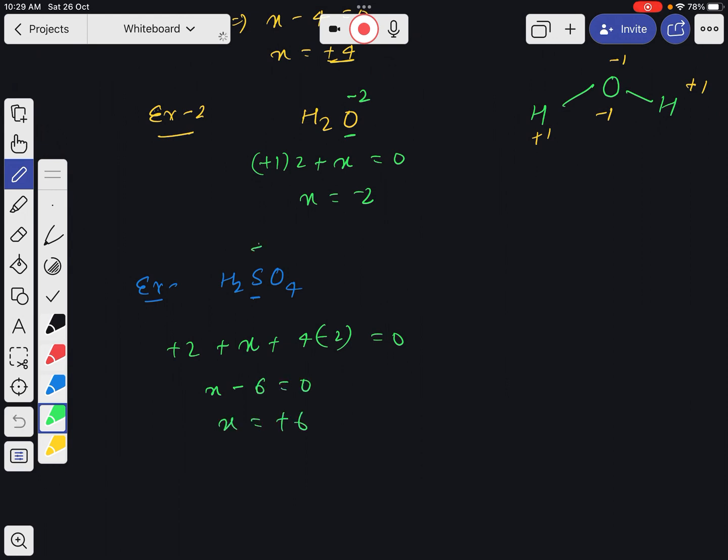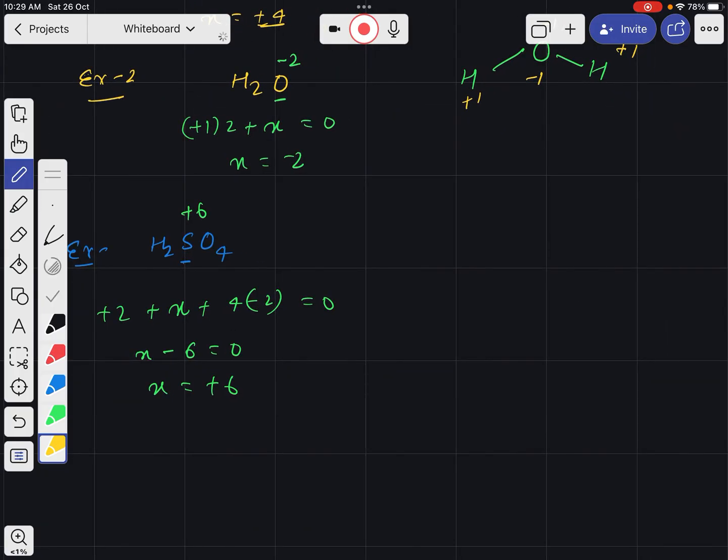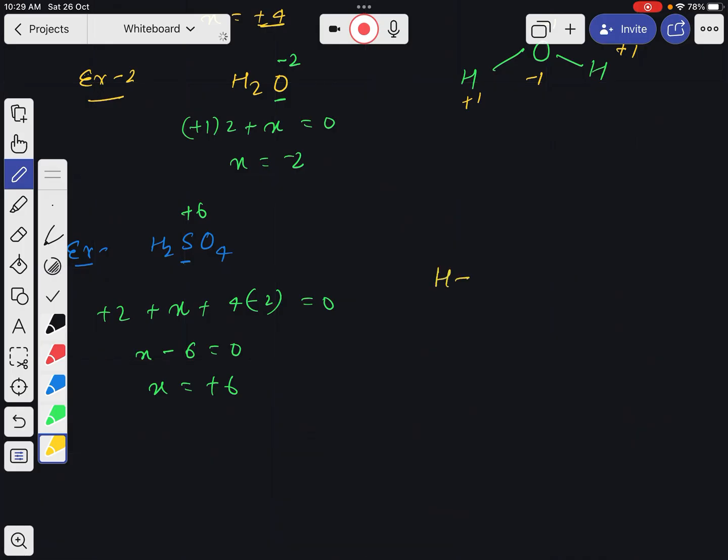Here the oxidation number of sulfur is plus 6, meaning when sulfur combines with hydrogen and oxygen to form H2SO4, imaginary sulfur loses 6 electrons. If you find the oxidation number in a covalent bonding state, this is a covalent bond.